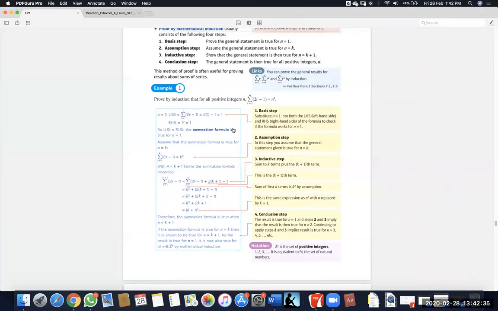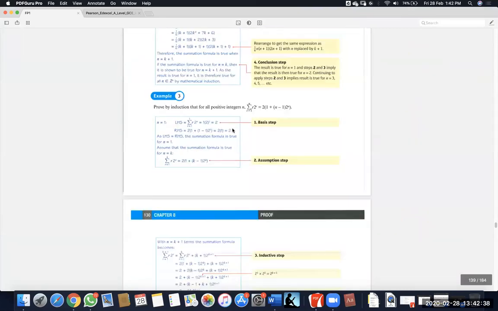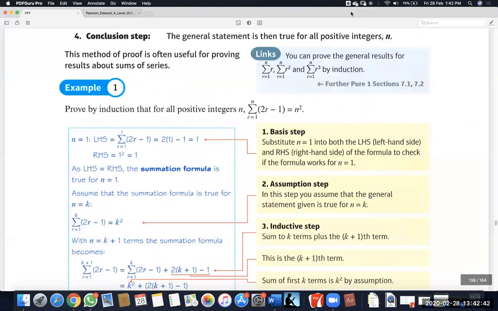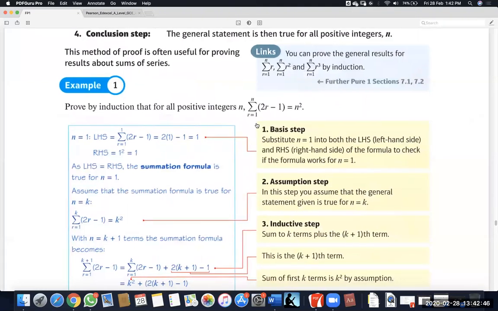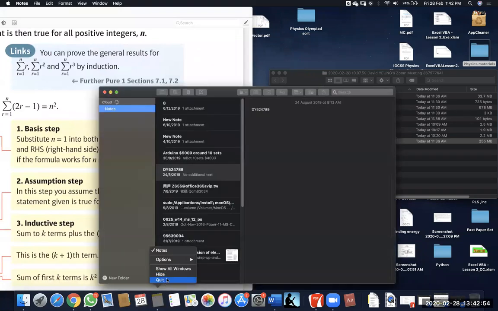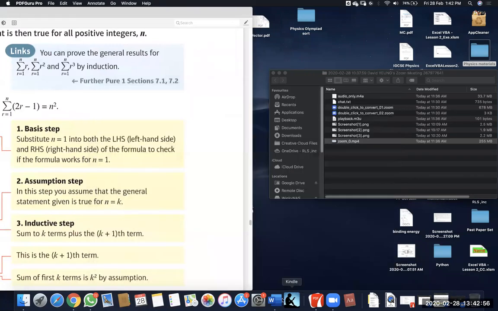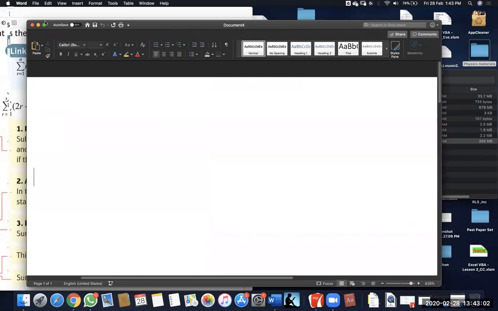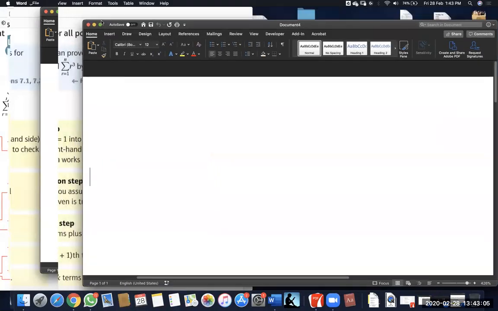And then let's have a look. How can we do some of the questions? So let's say just using this question. I just want to get some white space.